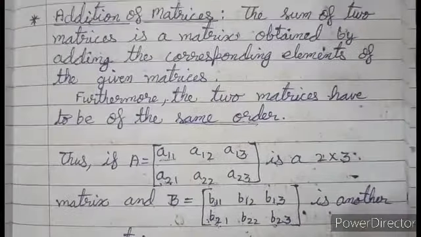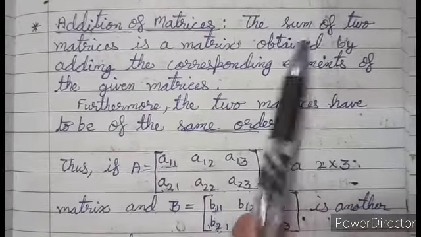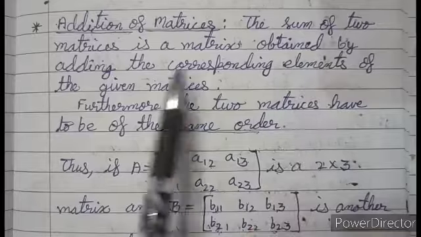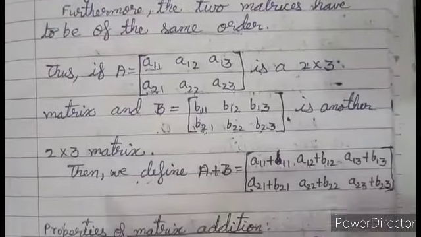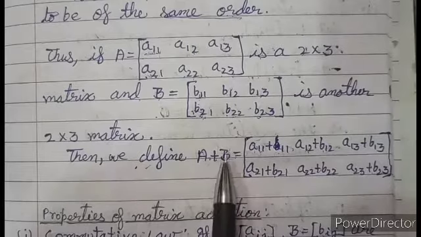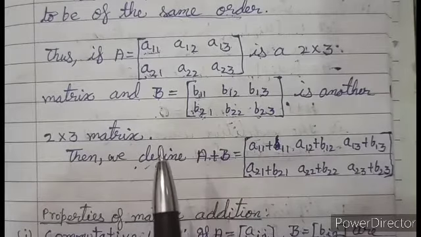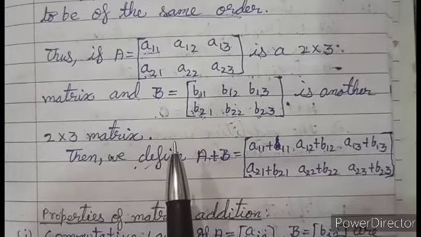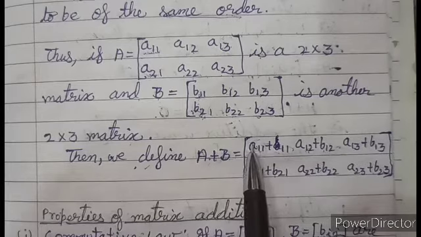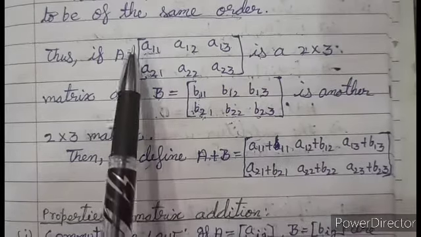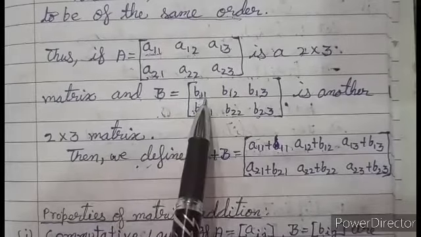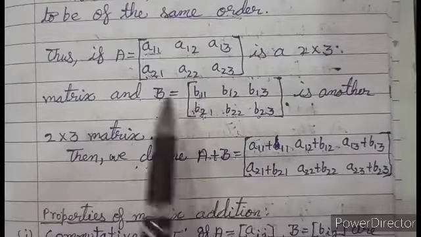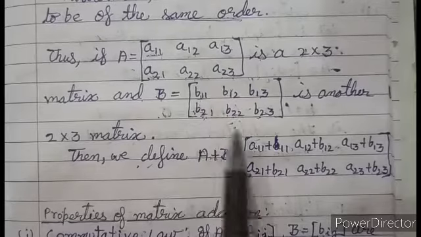As you see here, the sum of the two matrices is obtained by adding the corresponding elements of the given matrices. In order to find the first element of the sum, or you can say the first element of the first row, we will add the first elements of the first row of both matrices A and B. The first element will be A11 plus B11.